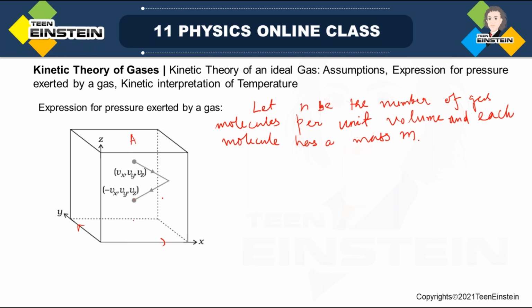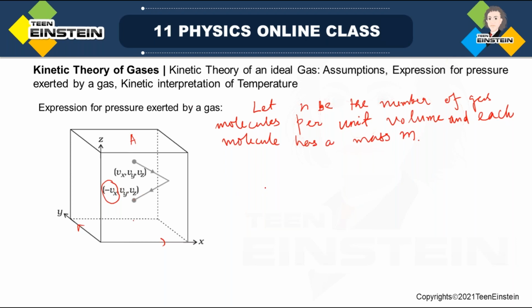So when it rebounds, it is moving in the opposite direction of the x-axis. That's why only the velocity component along the x-axis changes, with its direction.